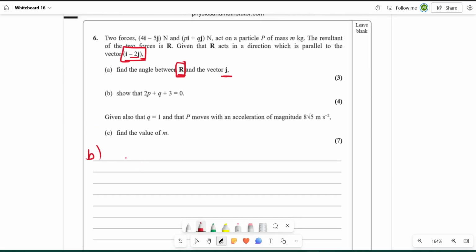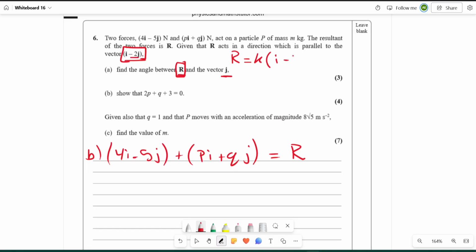So I know that 4i minus 5j plus pi plus qj is equal to the vector r. I don't have the vector r, however, I have the direction of vector r. So vector r is going to be some constant multiplying this direction, which is i minus 2j.